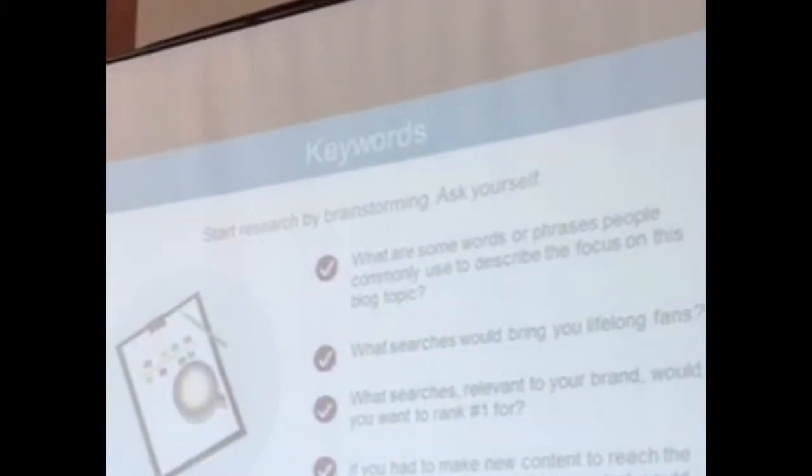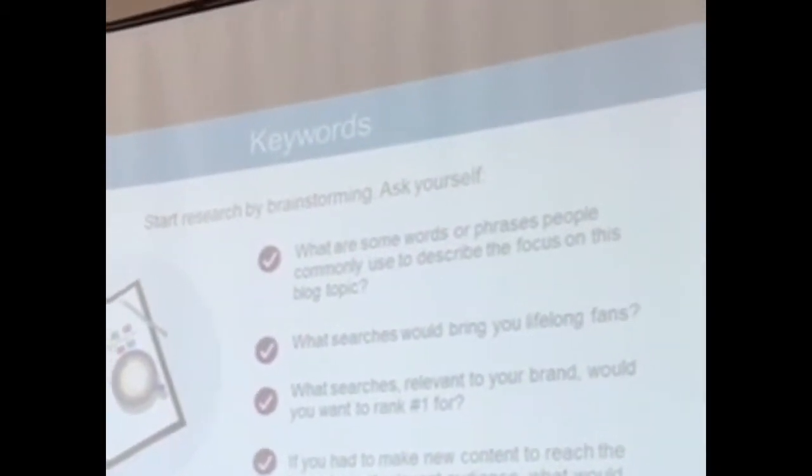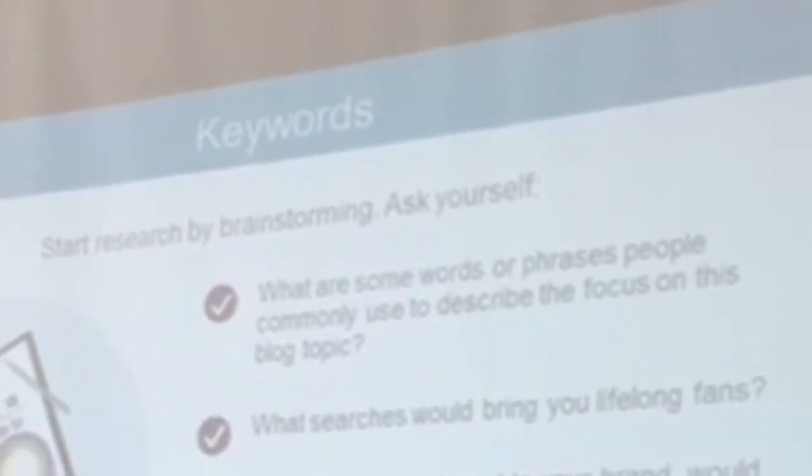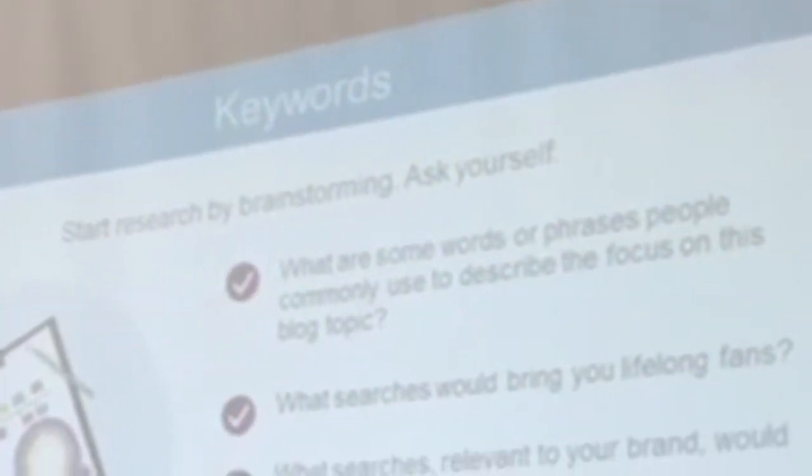So where do you start? You start with a brainstorming session, and this is for people searching for you today. The content that you're creating, how would people in conversations day to day be talking about it? And then think about what is the goal, as Victor mentioned in our last talk, what is your long-term goal?